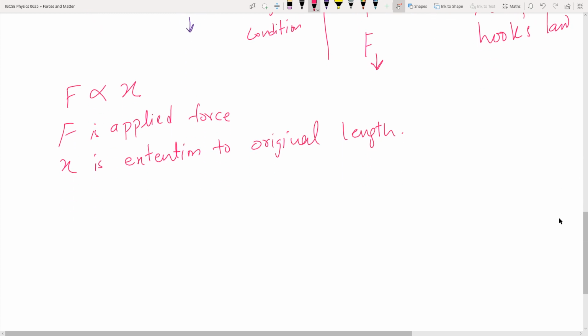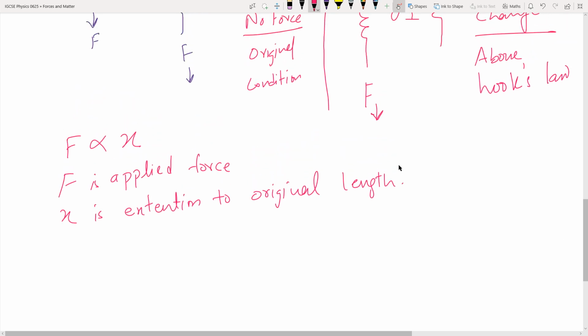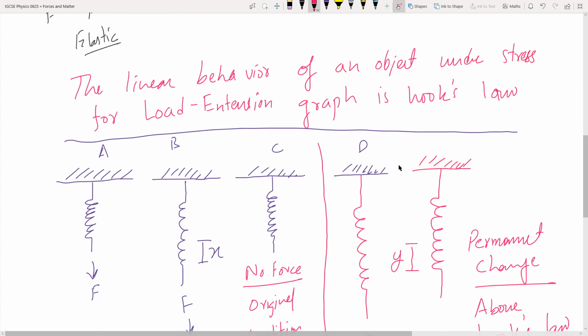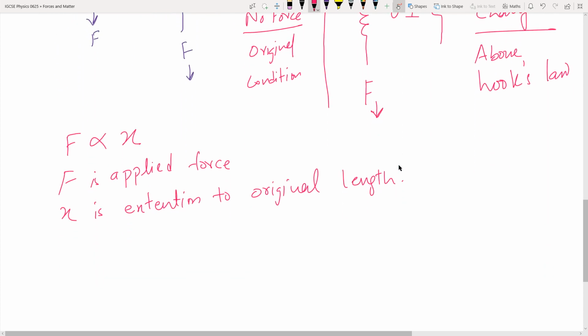Now what if I go beyond, I need you to understand that something. In this case, I'm just going to draw a graph first, and then I'm going to help you understand what is happening over here, right? I'm just going to draw a rough graph over here. Let me just change the color. Okay, this was extension, right?